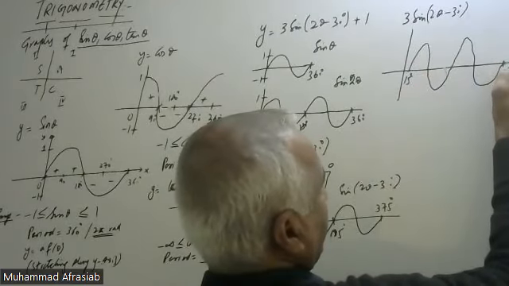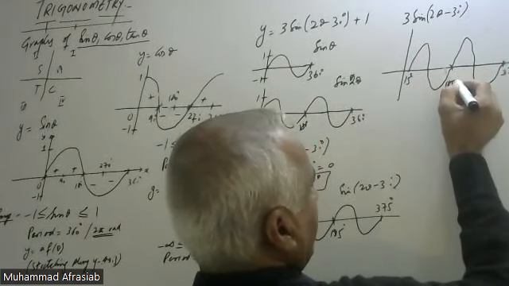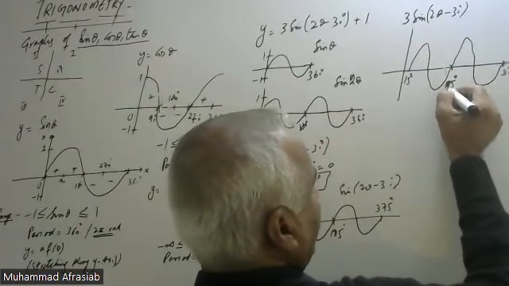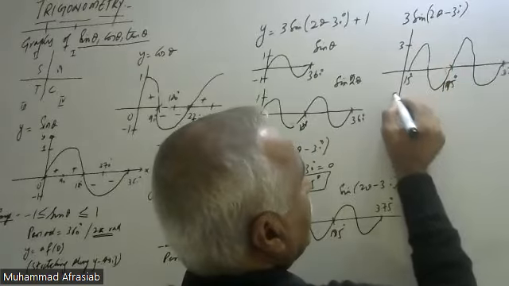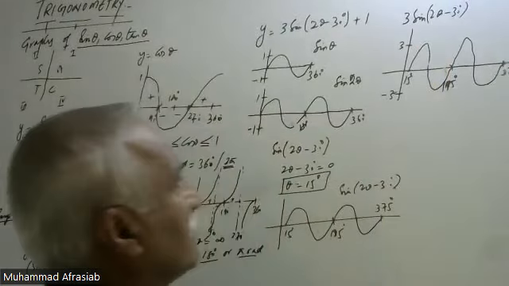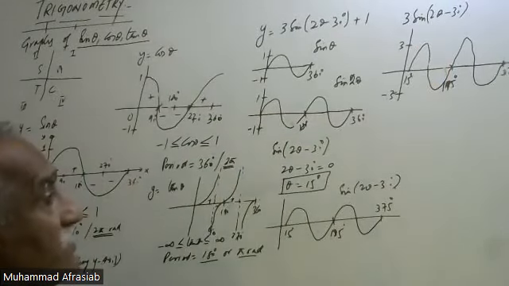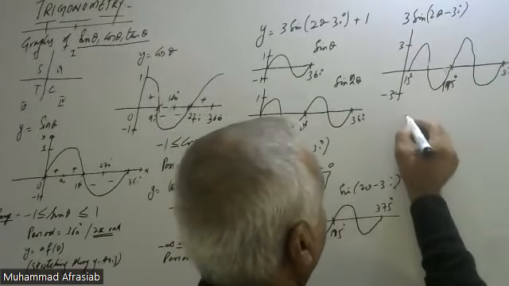This is 75. This will become 195, and the amplitude will become 3 to minus 3, and then plus 1. So this will go upward there.